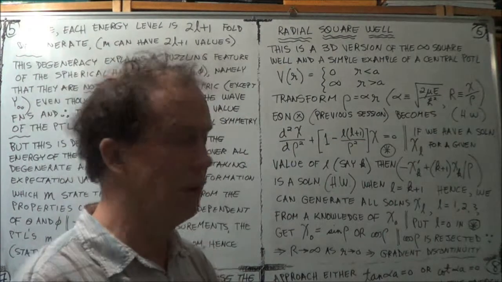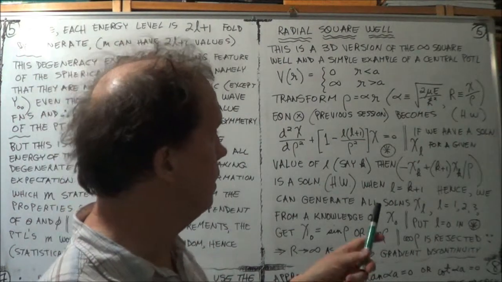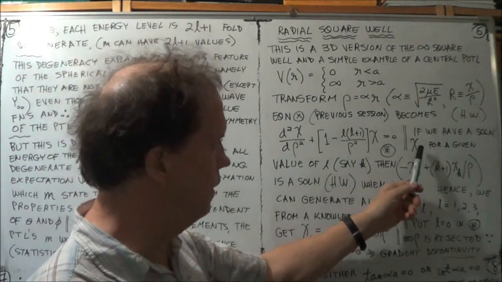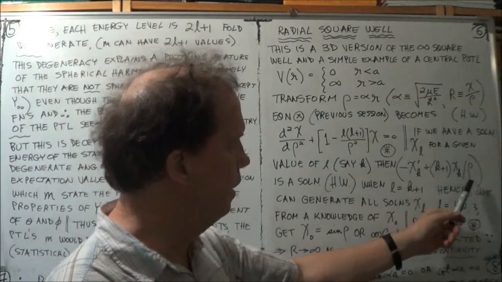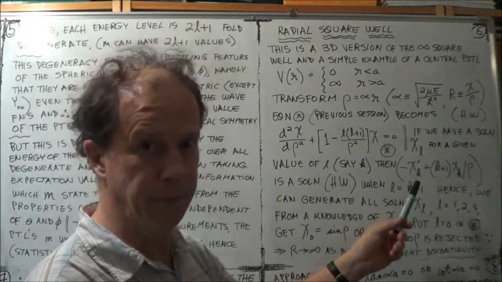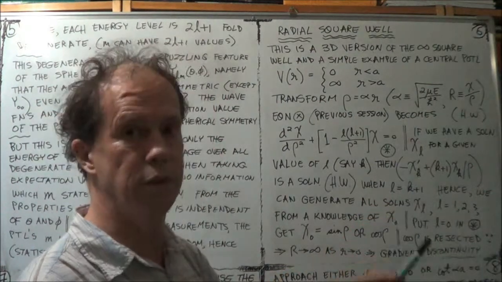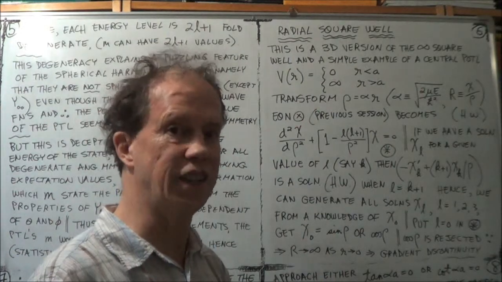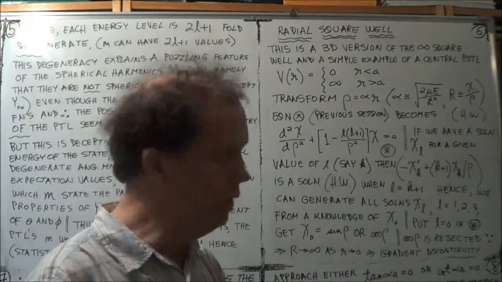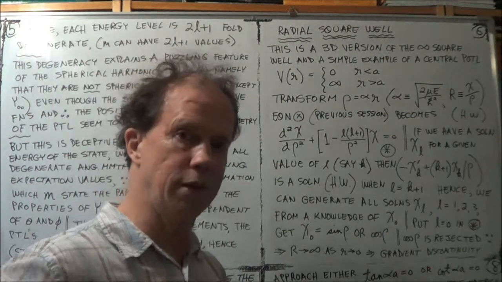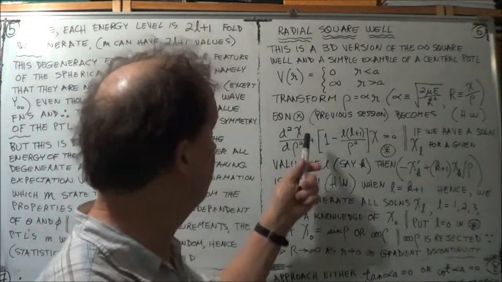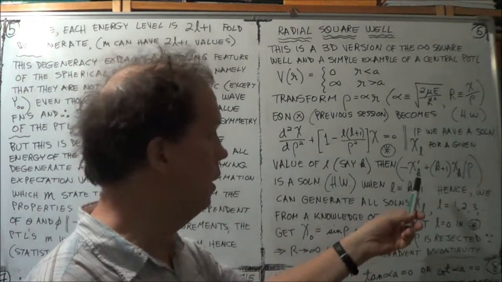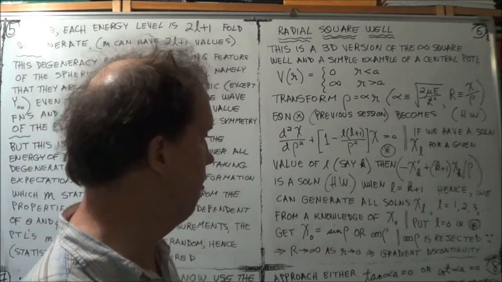Well, if you know what chi naught is, you can find chi 1, and if you know what chi 1 is, you can find chi 2. So it's a kind of inductive argument. By increments, you can find all of your chi L's, so long as you know what chi 0 is.